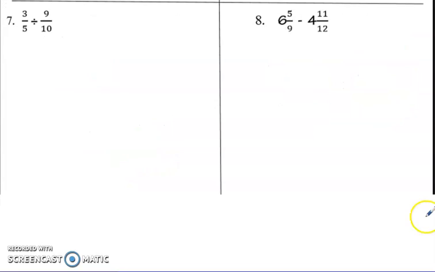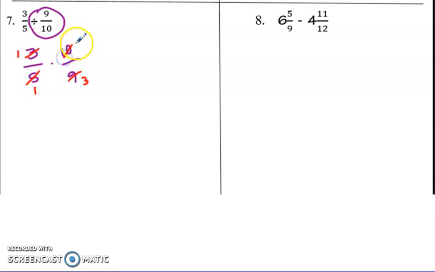Moving on to the next one. Of course, you can always stop, rewind, and go check out things a little bit better for your own pace. Okay, 3/5, and I need to flip the second one and multiply because we're dividing. 10 divided by 9, and I do like to do my reducing early. 3 goes into both 3 and 9: once here and 3 times here. And 5 goes into both of those too: 5 goes into 5 once, and 5 goes into 10 two times.